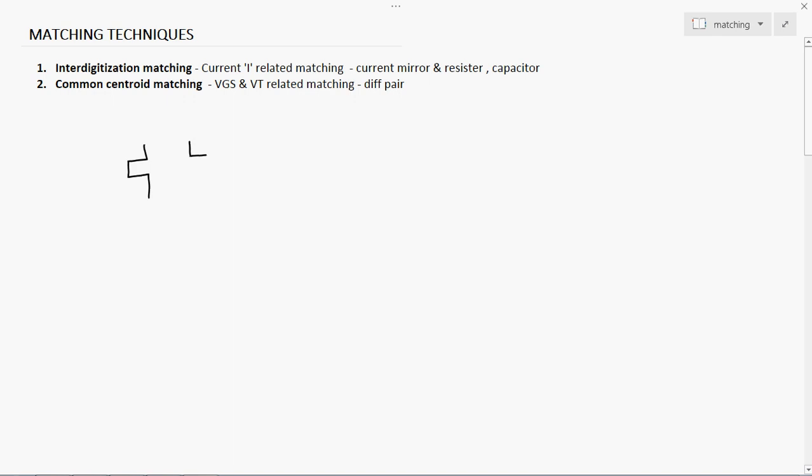We have two transistors. Consider these two transistor inputs are different, A and B, but the output we are taking is common from the two transistors. So transistor Q1 and transistor Q2, inputs are different, both transistors are getting input from different sources, but the output is common.